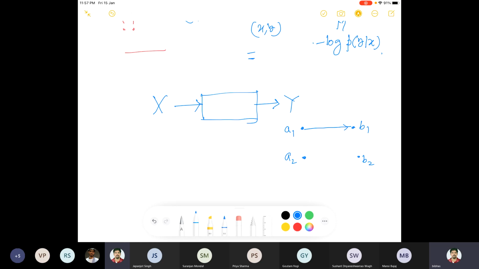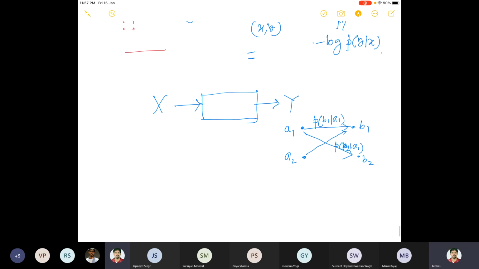The horizontal arrow means there is a chance that B1 will be received when A1 is sent. So this is the probability of getting B1 given A1. And this slanted arrow means the probability of getting B2 when A1 is sent.